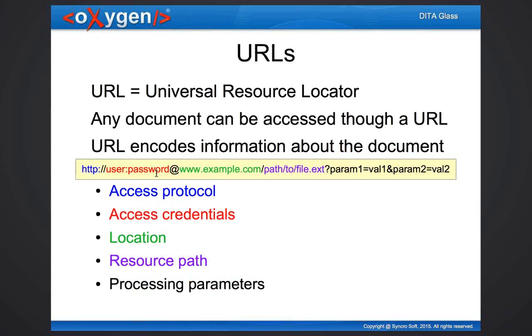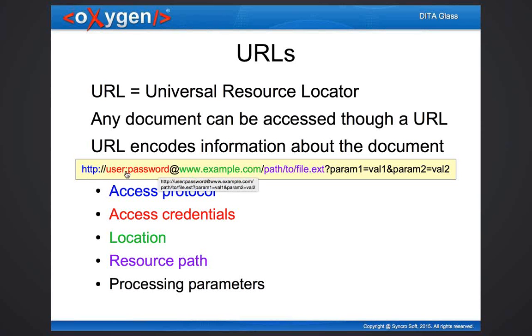So URLs are the way you access information usually on the web, but not only on the web. URL stands for Universal Resource Locator, and any document can be referred to through a URL. URLs encode information, not only a location for a document, but for instance, if we look at an HTTP URL, this part is the URL scheme or the protocol.